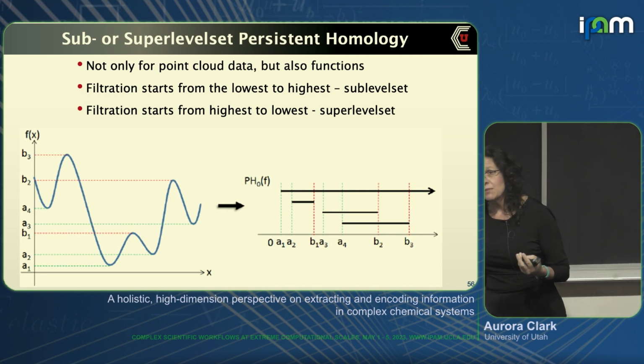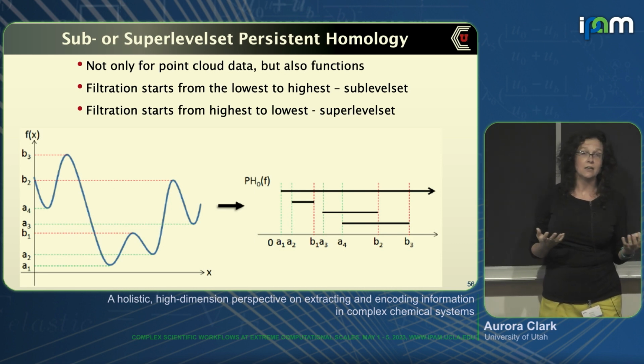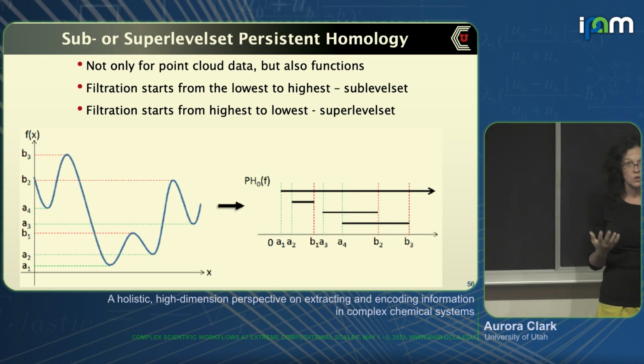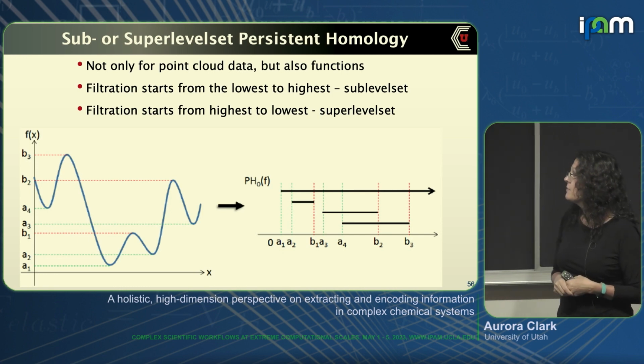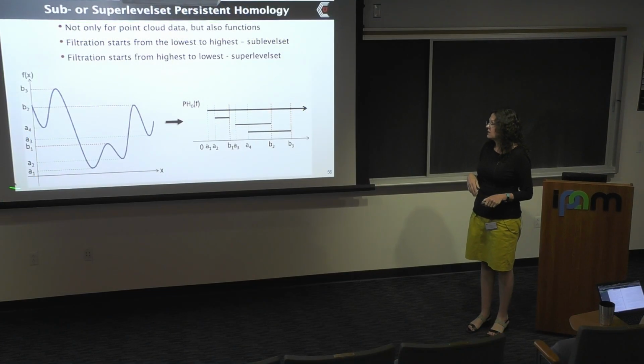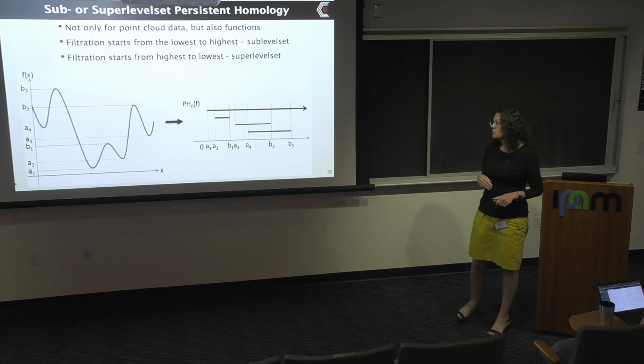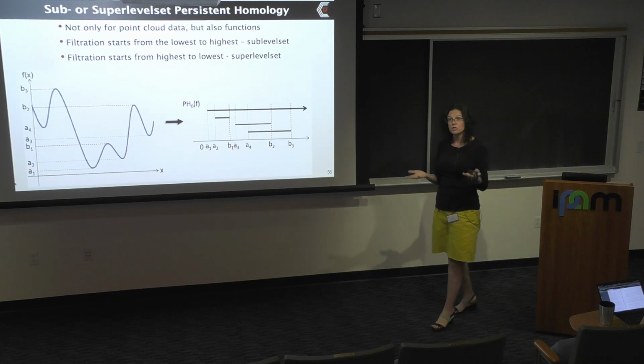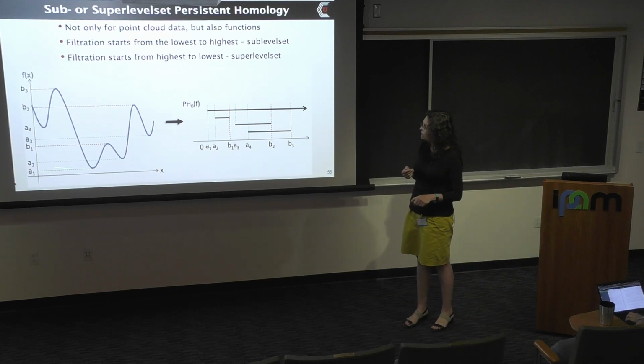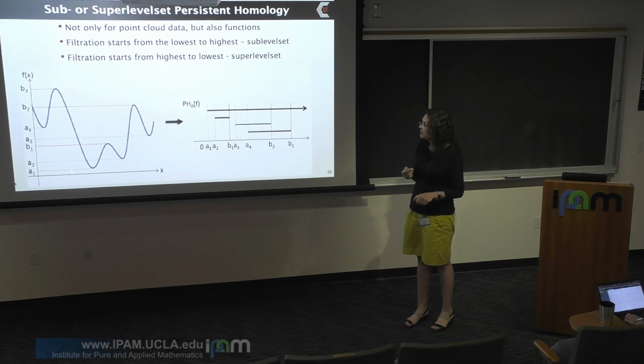Now, a really beautiful thing about persistent homology is that it's not only applicable to point cloud data, it's also applicable to functions. If you just take a simple function like this that has minima and maxima, I can do what's called a sublevel set filtration, where I start off at the minimum of the function, and this is one component.